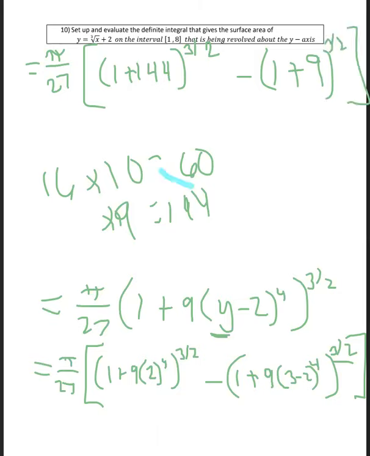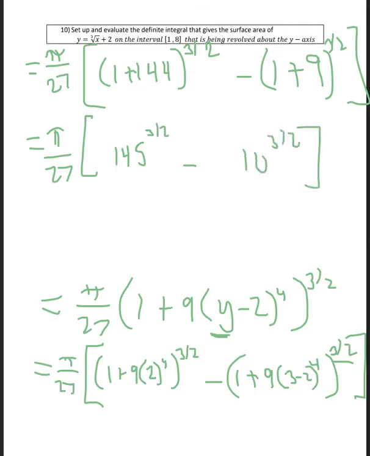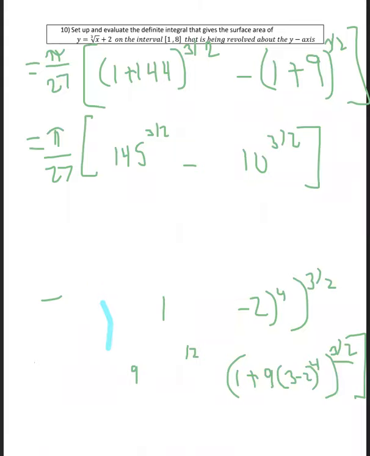Next line of work. At this point, you have pi over 27, and this is really 145 to the 3 over 2 minus 10 to the 3 over 2. And we're getting close.